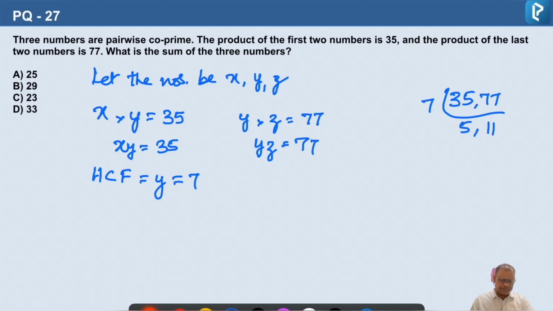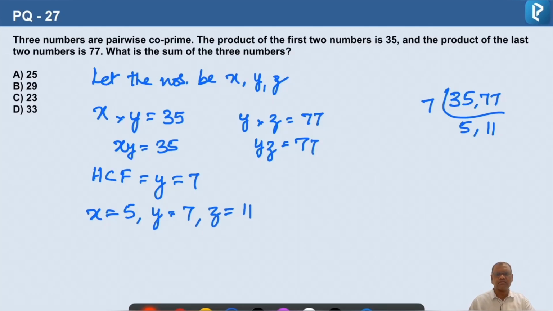So for the variables, the HCF of xy and yz is y, and for the values, 7 is the HCF. He is asking for the sum of the 3 numbers. When xy is equal to 35 and y is 7, x will be 5. Y is 7. Yz is equal to 77, so with y as 7, z will be 11.